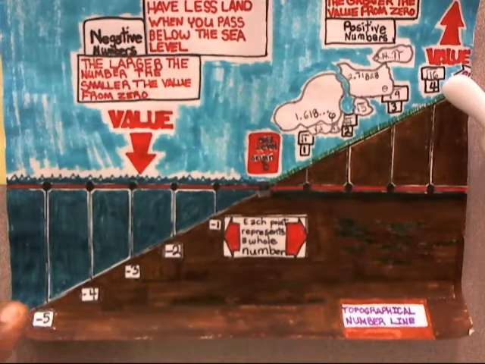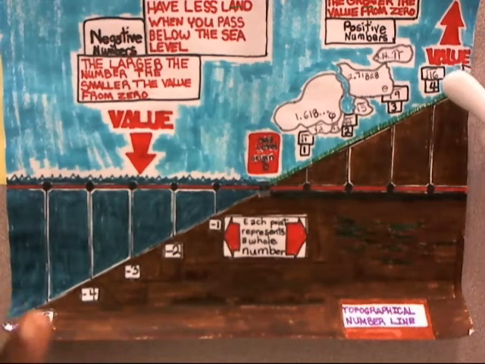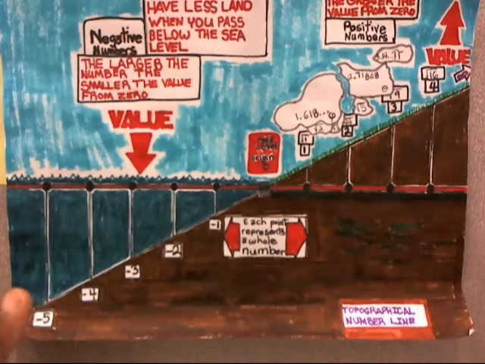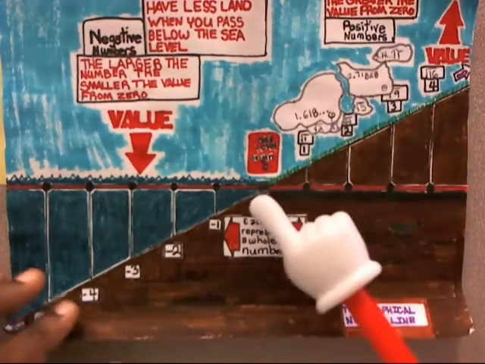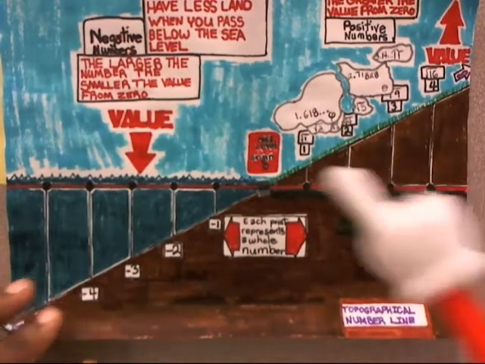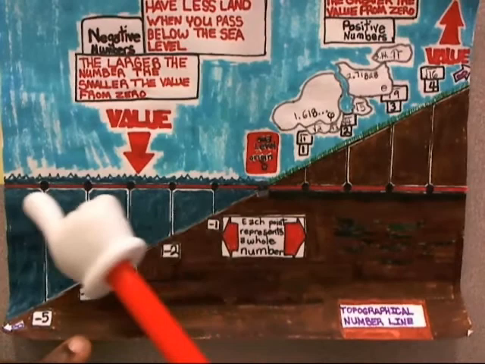Once again, we have number 4, and then we have 16. Square root of 16 equals 4. All of the positive numbers, if you notice, are on this side, and the negative numbers are on this side. Now, this is the most important part.